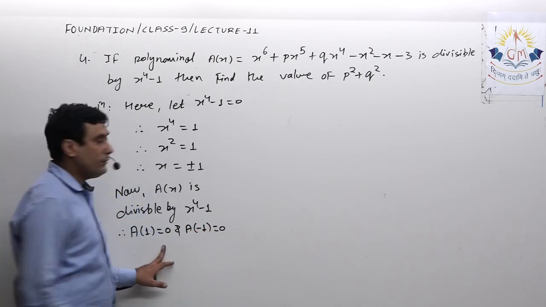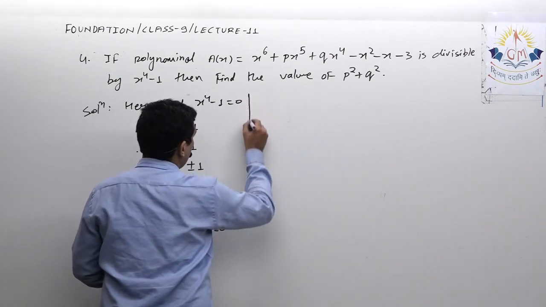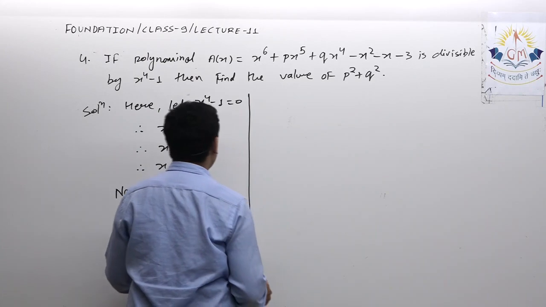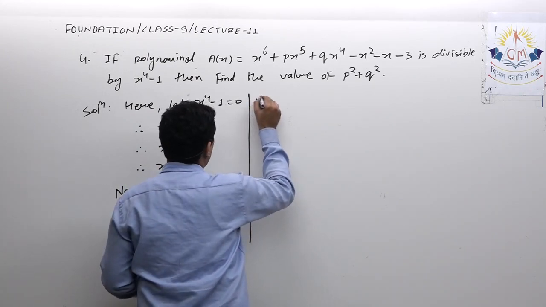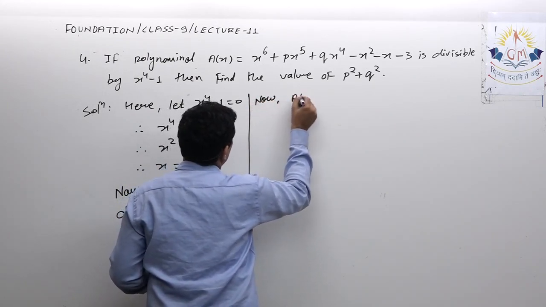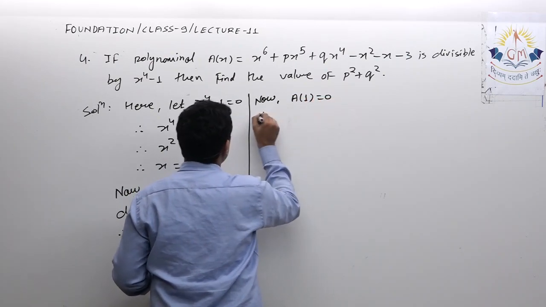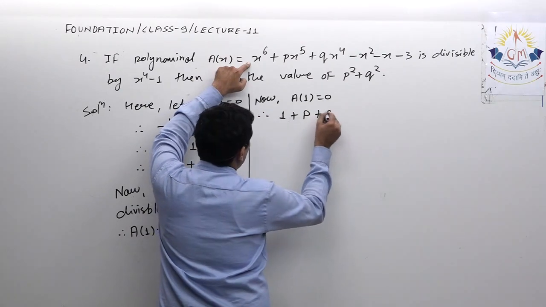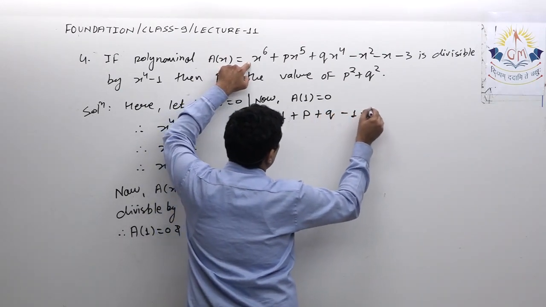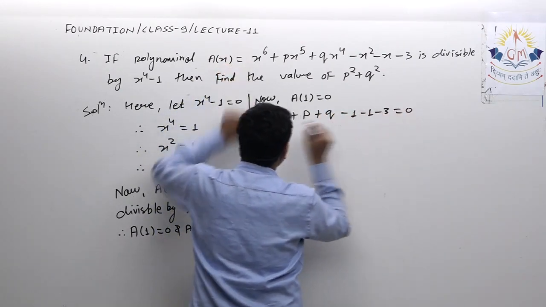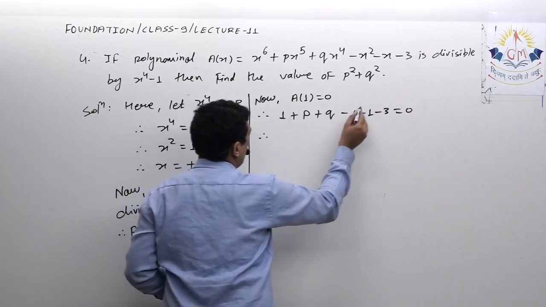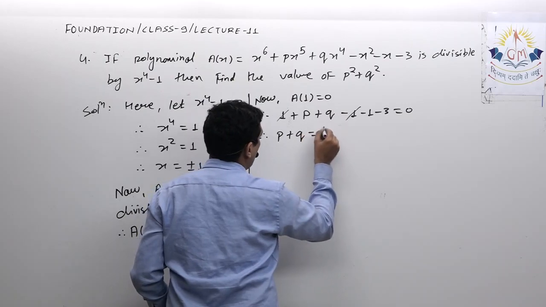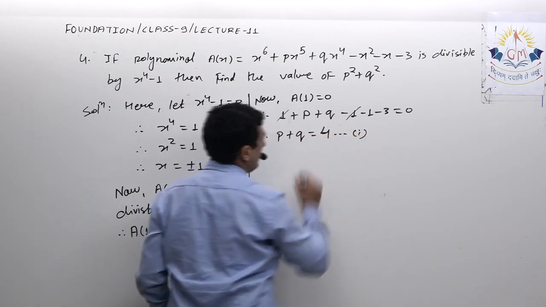So when we solve these two, we'll get the values of p and q, and then it is possible to get the value of p square plus q square. So now a of 1 is equal to 0, therefore 1 plus p plus q minus 1 minus 1 minus 3 equal to 0. Therefore, see, minus 1 plus 1 cancel, so p plus q is equal to 4. Let it be equation number 1.